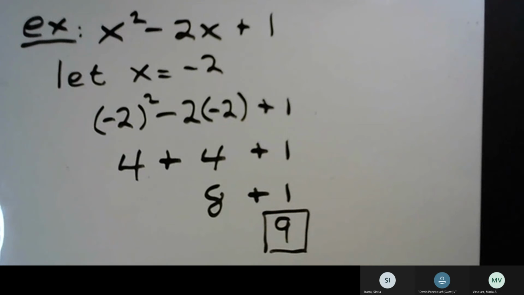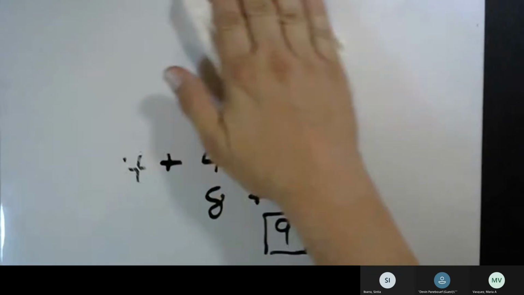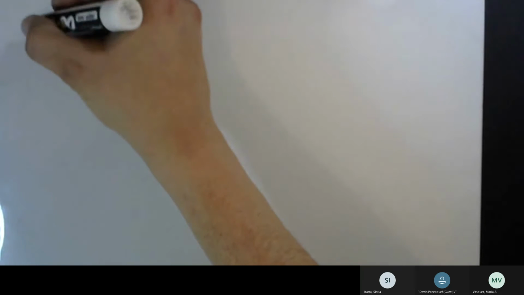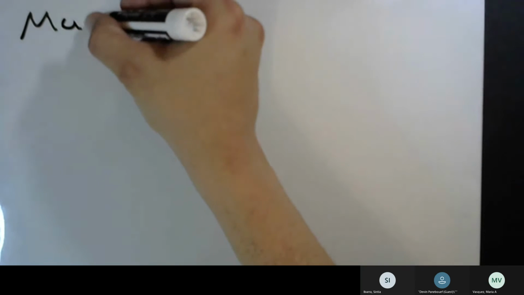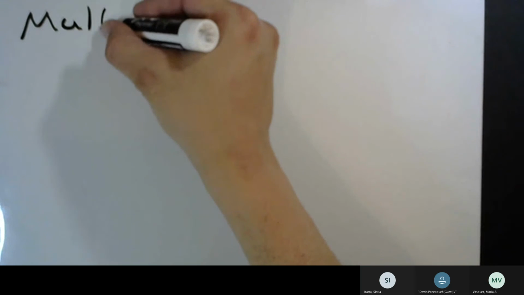So that's really it for adding, subtracting, and finding the values of polynomials. Next, we go on to 4.5. And this is multiplying. We're going to start out with monomials.